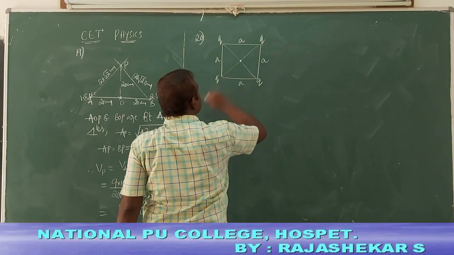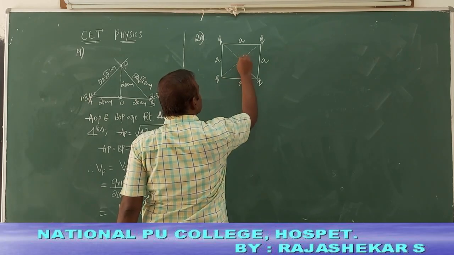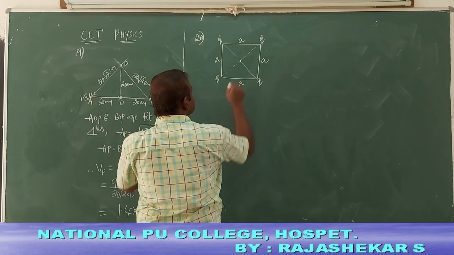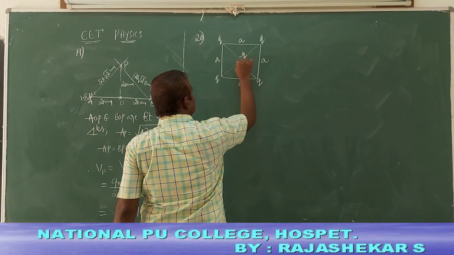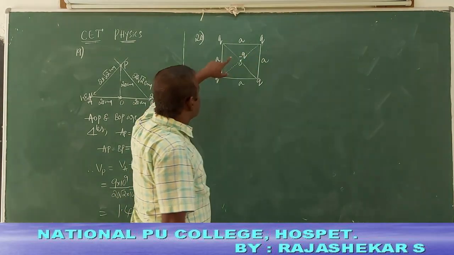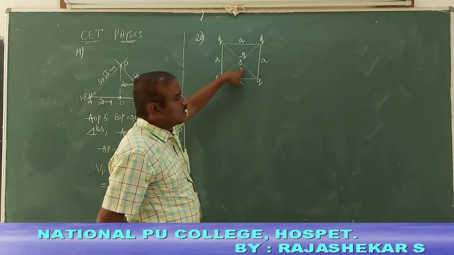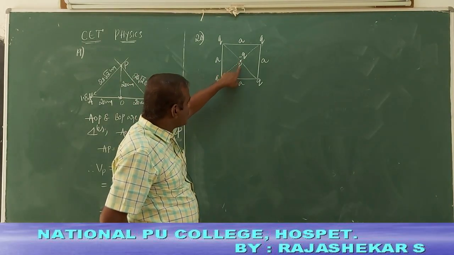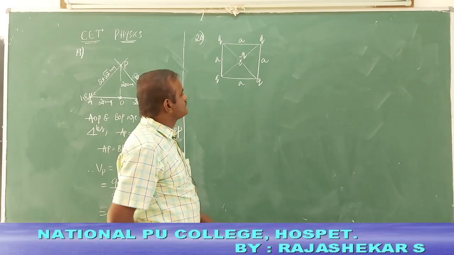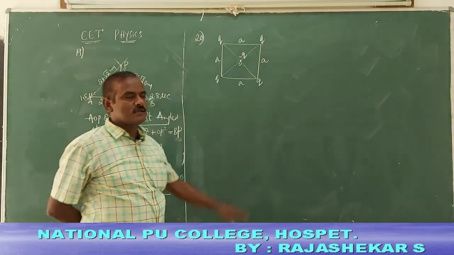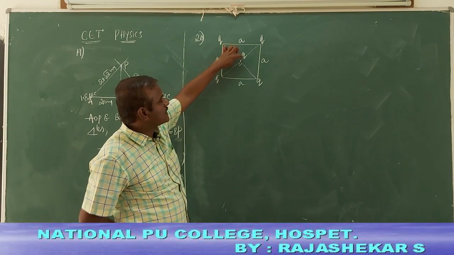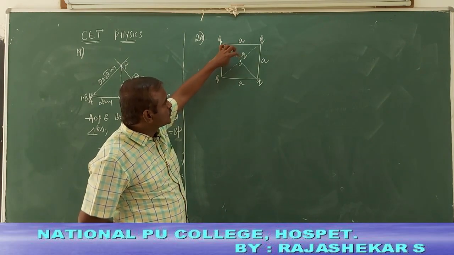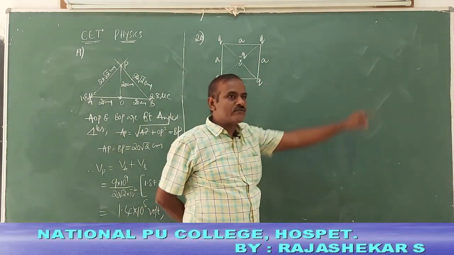And there is a charge minus q at the center. The question is, what is the work done in carrying the charge minus q from the center to infinity? From here it should be carried to where, to the infinite distance.